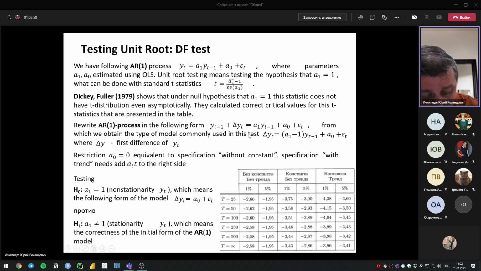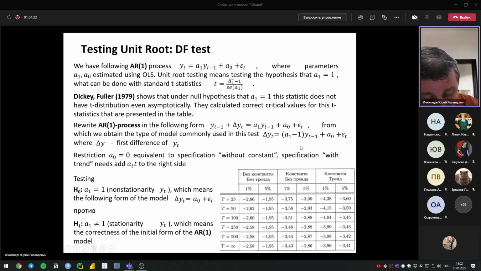And we get the usual type of the model used in this test, that the first difference is (a1 minus 1) multiplied by yt minus 1 plus a0 plus epsilon t. Here we have some coefficient. Let's denote it as a1 asterisk. If a1 is equal to 1, then a1 asterisk is equal to 0.